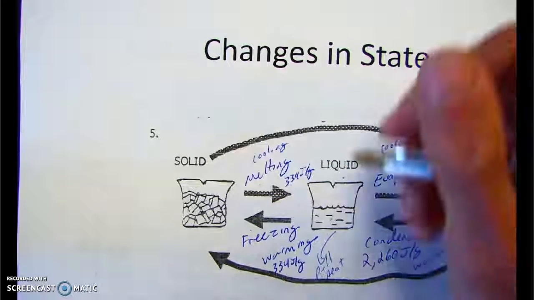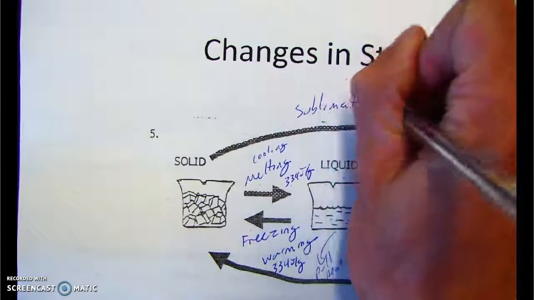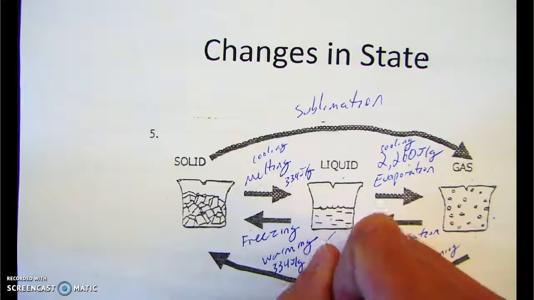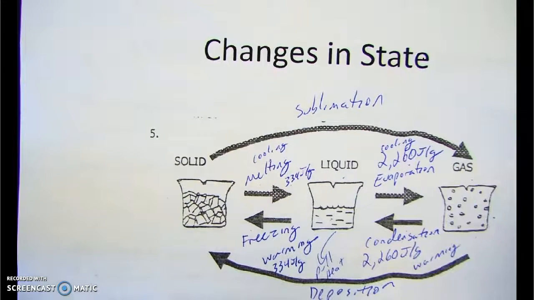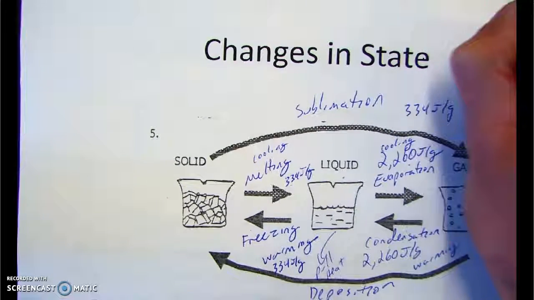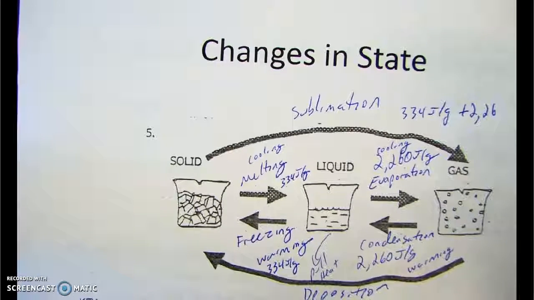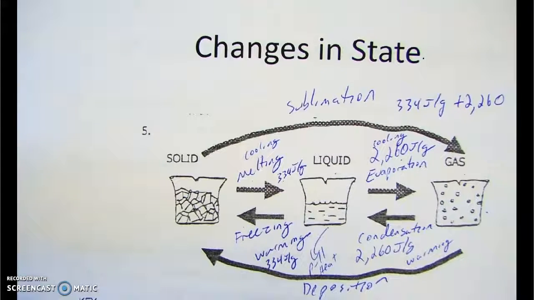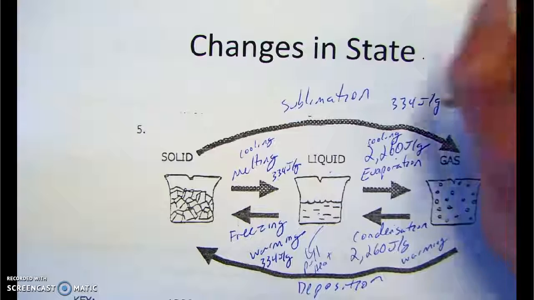And then we talked about sublimation. And we talked about deposition. And how we skip the liquid phase altogether, and we could add up the energy. Okay, so sorry about that. We add the energy together.